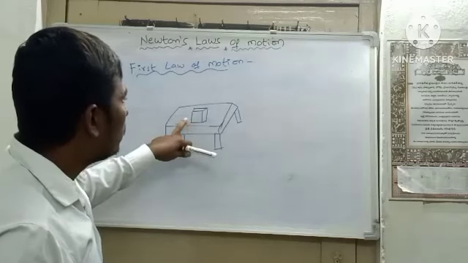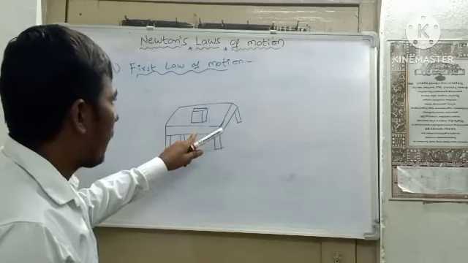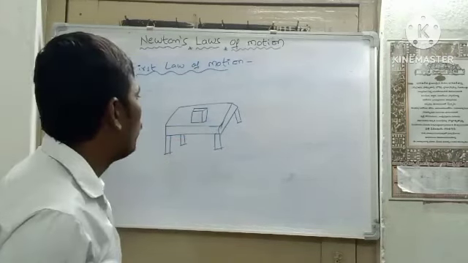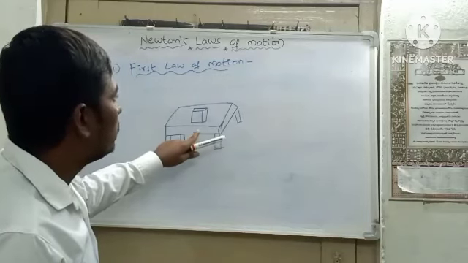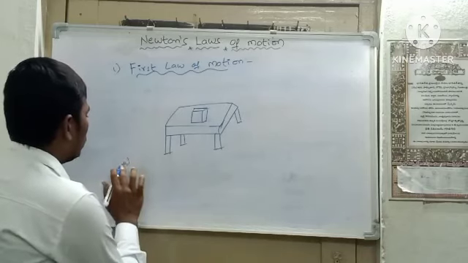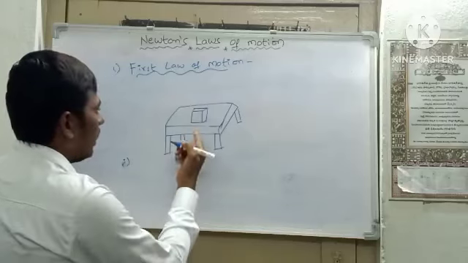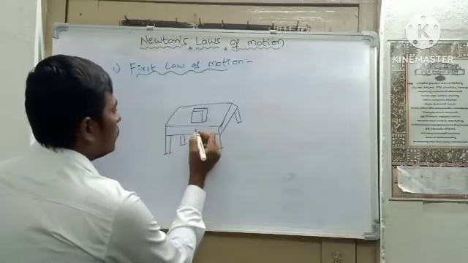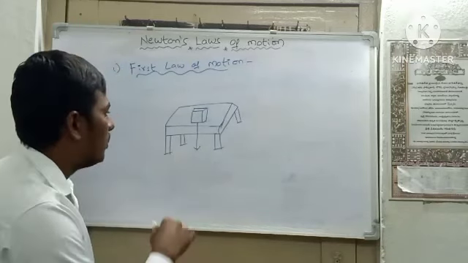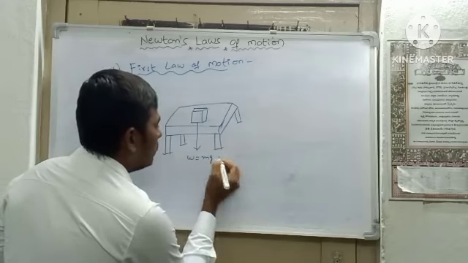So a book is placed on the table. Here the book is at rest. The book is not moving. Here what are the forces acting on the book? First one is gravitational force, W equal to mg, which is downwards.